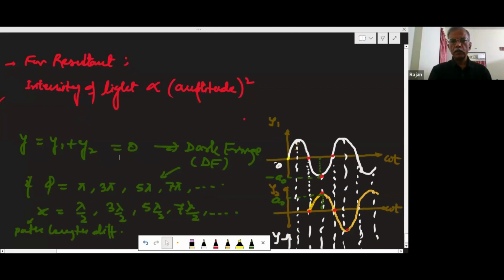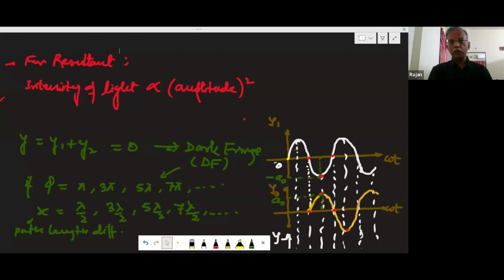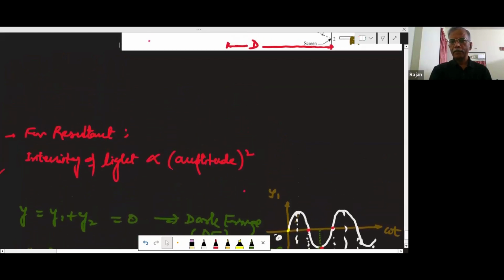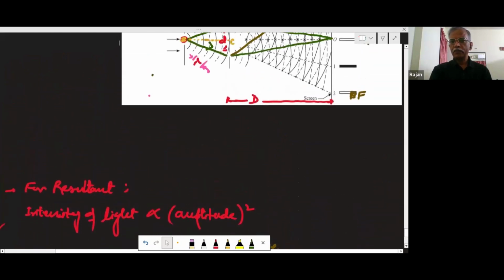Now come back to our figure, and we'll see lambda by 2. If the path length difference is lambda by 2, or equivalently the phase angle difference is pi, how are things taking place on the screen? So let's come back to the same figure.